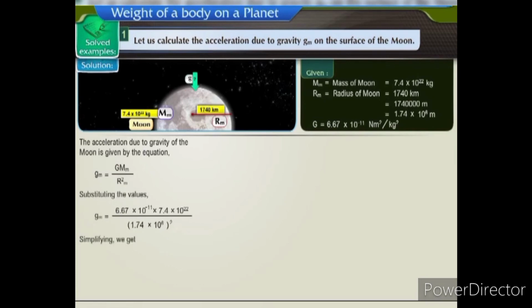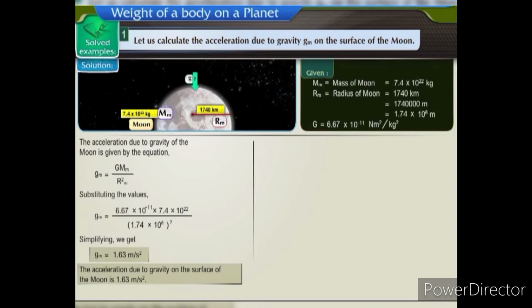Simplifying, we get gm is equal to 1.63 meter per second square. The acceleration due to gravity on the surface of the Moon is 1.63 meter per second square.